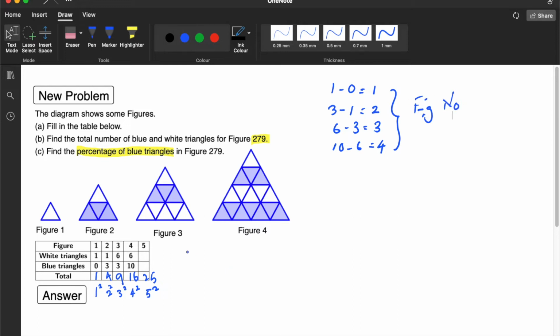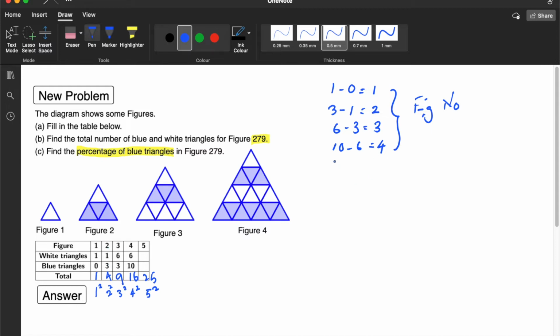But this difference, we have to be a bit careful here, because even though the difference gives us the figure number, sometimes the white triangles are more than the blue triangles. Sometimes it is the blue triangles that are more than the white triangles. For example, for 1 we have 1 and 0, so white is more, but for 2 we can see that white is 1 whereas the blue is 3, so blue is now more than white.